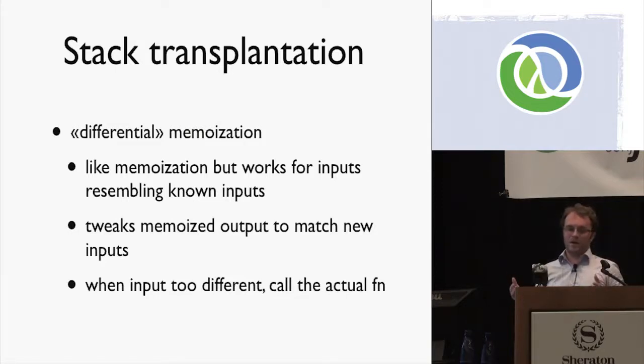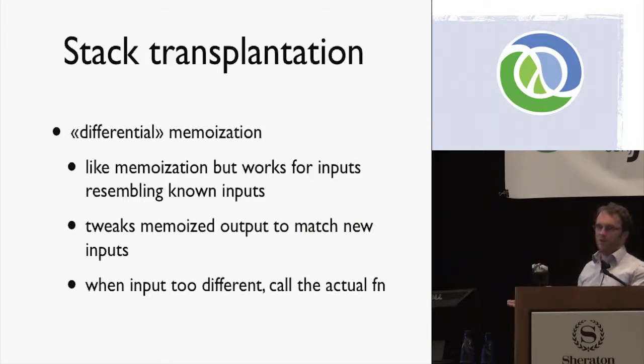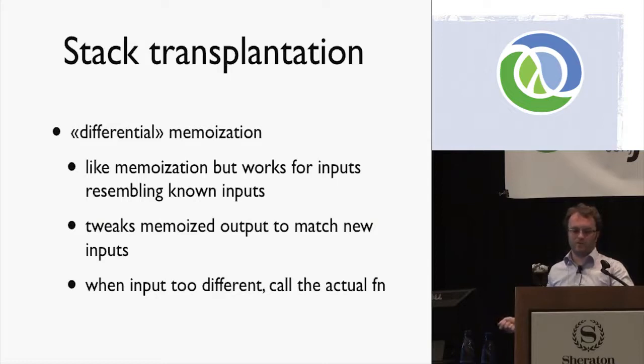And so once again, if you do that for a big composition, you are going to save a lot of computation. Obviously, it still works like memoization. If the input is too different from what you already know, you simply call the actual function.